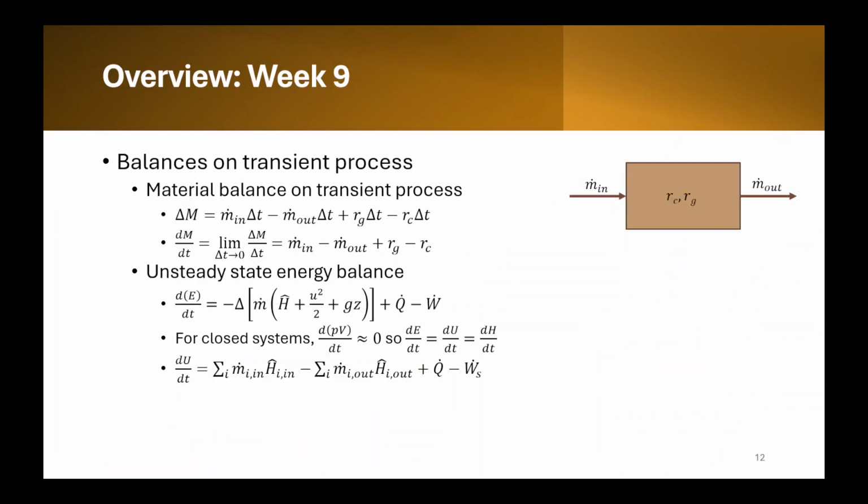In week 9, we looked at the balances on transient processes. Up till now, we were looking at the steady state process. So the general material balance equation is accumulation is equal to input minus output plus generation minus consumption. In the steady state, this accumulation term is zero because there is no accumulation or change in concentration with respect to time.